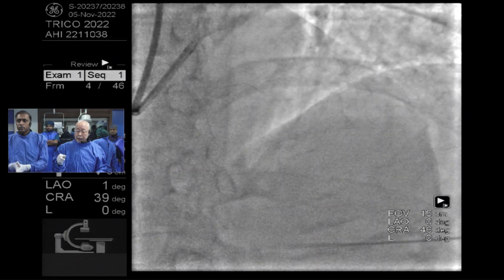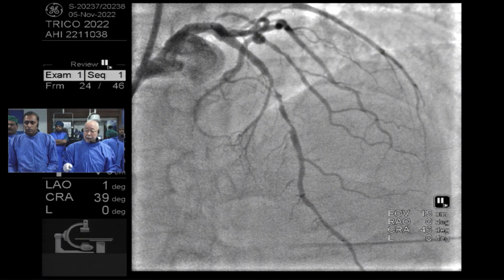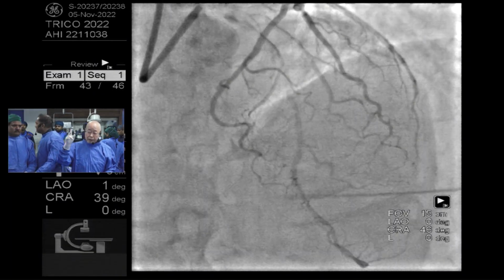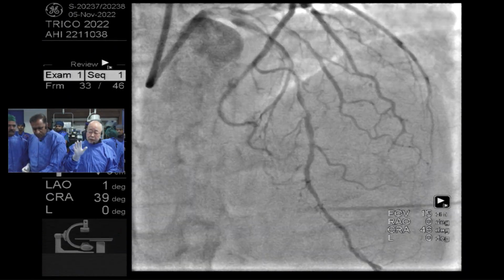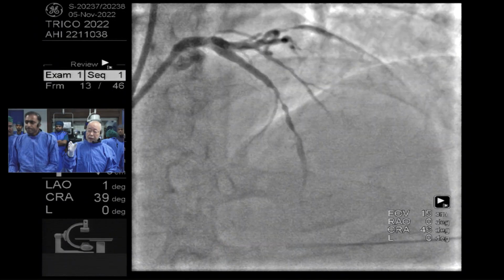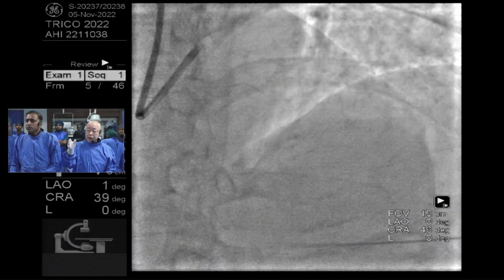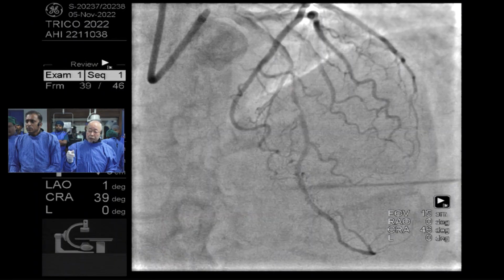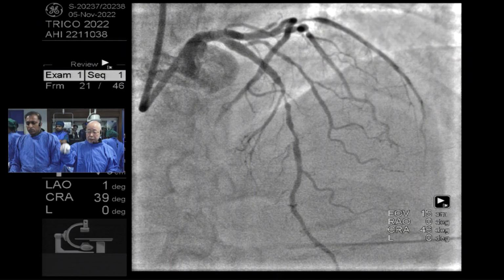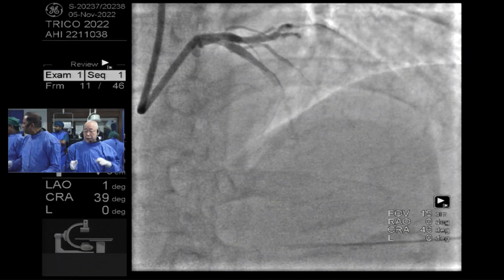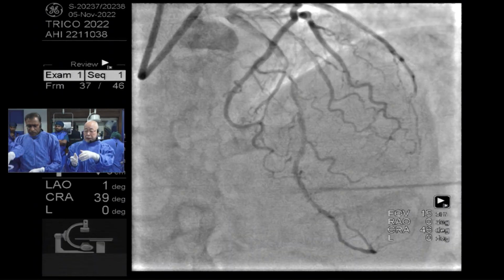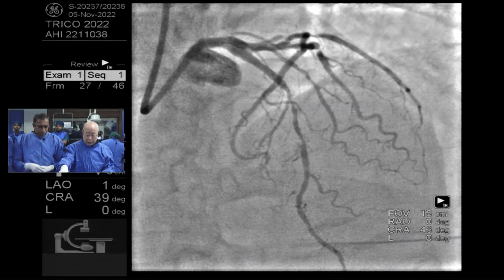I want to leave the wire in the LAD, then take the second wire and fix the two regions in the circumflex artery, and then place a stent from left main to LAD and do the POT technique. Then I want to recross the wire to the side branch, circumflex, and finally treat with the kissing balloon technique.